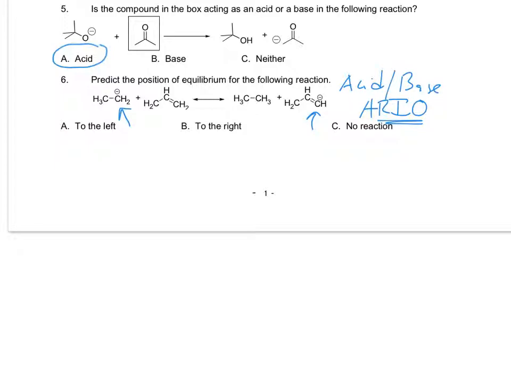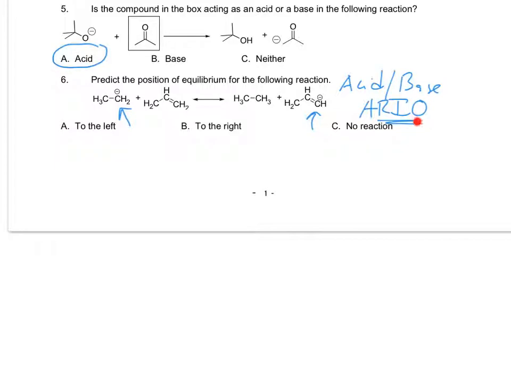And so really our goal here is to decide which of these bases that I've highlighted with the arrow is more stable. And that's the side that will be favored at equilibrium, the more stable base, less reactive. So atoms are the same, carbon, resonance. There is no resonance for either of these anions. Induction, there is no extra electronegative groups nearby the anions that might help to stabilize it.